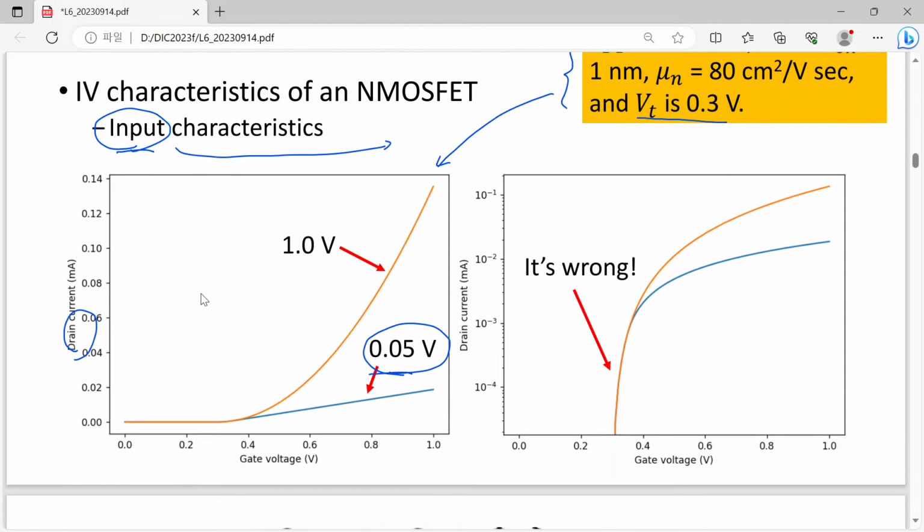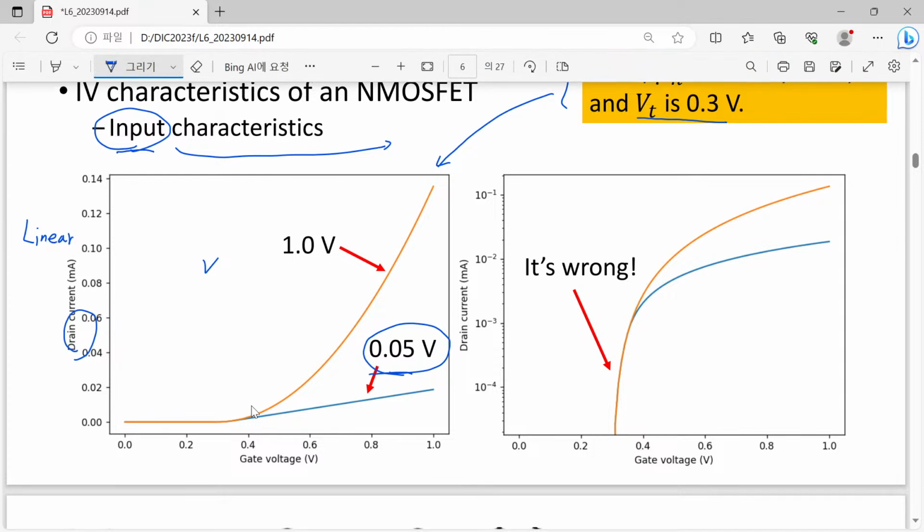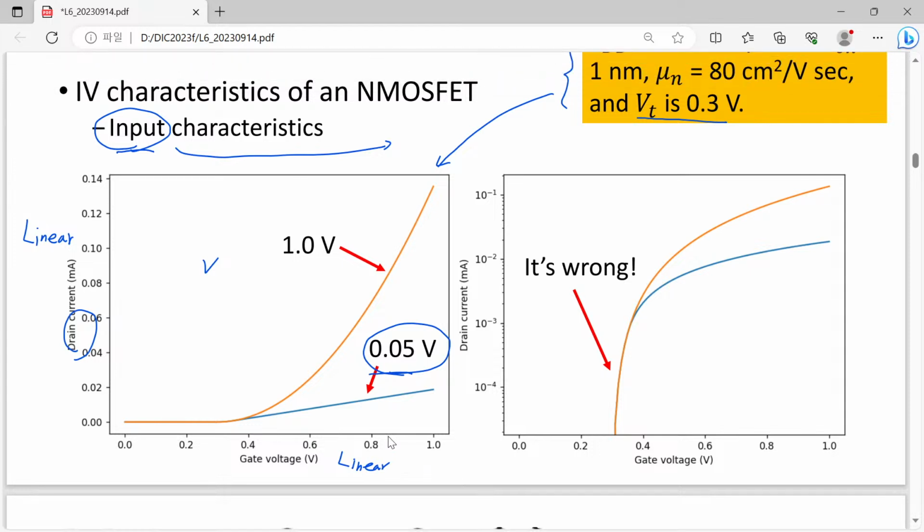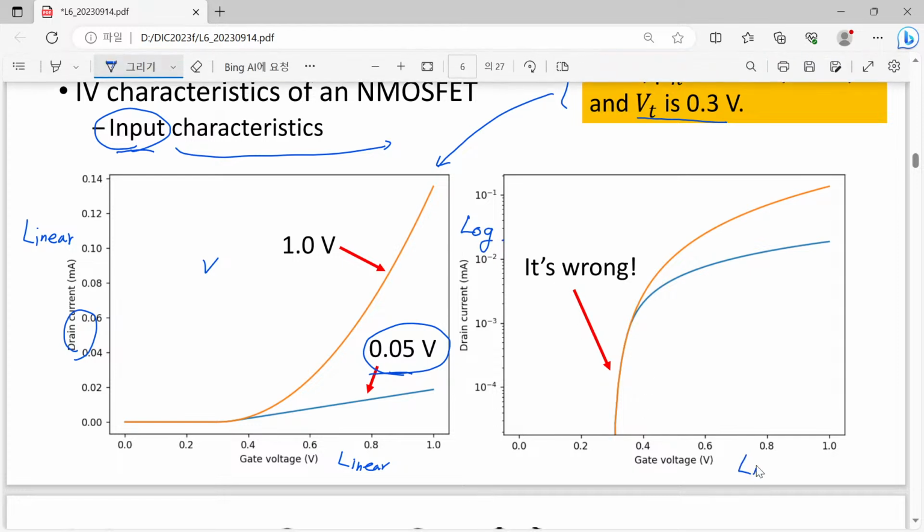Maybe you can easily draw this one. This is a linear graph, so the y-axis is written in linear and this is written in linear. Good, but in this case, in the input characteristics, the more important one is the semi-logarithmic graph. Here you have the y value, the drain current, written in logarithmic scale, and here you still have linear scale for gate voltage.